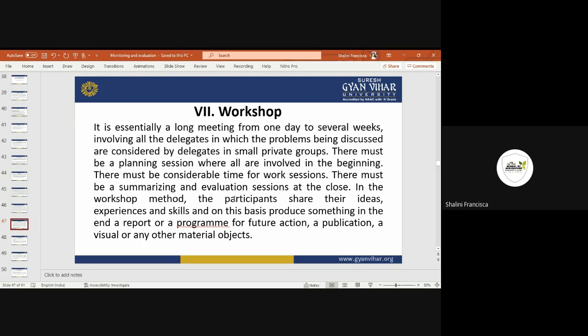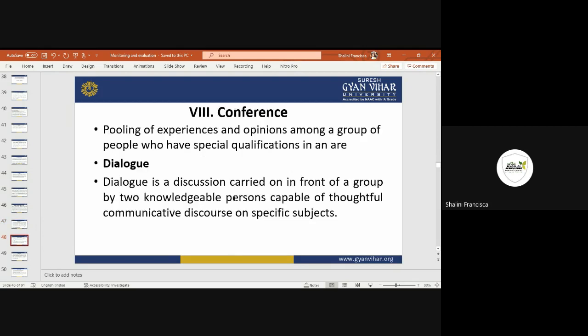There must be considerable time for work sessions. There must be a summarizing and evaluation session at the close or at the end of the workshop. In the workshop method, the participants share their ideas, experience, and skills, and on this basis produce something in the end: a report, a program for further action, a publication, a visual, or any other material object.